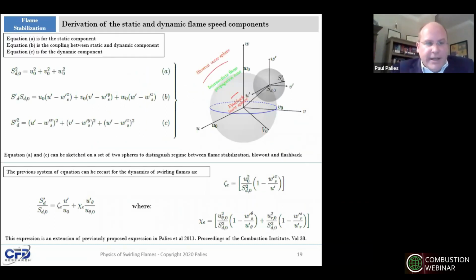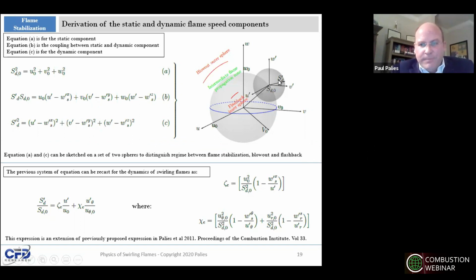So we can take this system of equations one step further and try to do a geometrical description of this system of equations. To do that, we can represent the first equation and the third equation as two spheres that overlap. The first sphere represents the first equation, where the radius is the flame speed, and the second sphere represents the fluctuating component with the fluctuation flame speed here.